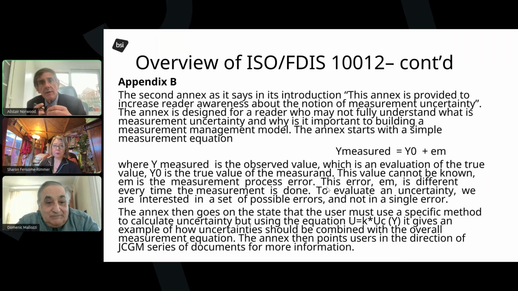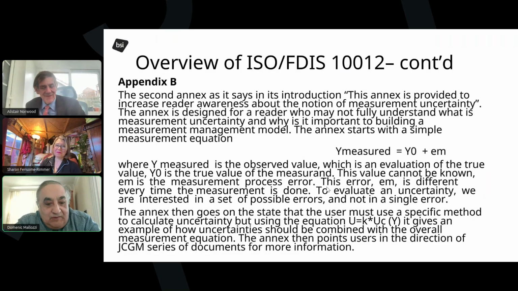Dom, Sharon? I think it's important to note that ISO has a whole series of JCGM documents that discuss uncertainty in measurement. I think it's ISO 98, if my memory serves me correctly, the GUM, the Guide to the Expression of Uncertainty in Measurement. People get scared when they open those documents because they have all kinds of things like double integrals that we all remember from college and have tried to forget.